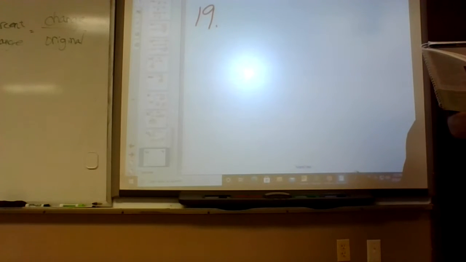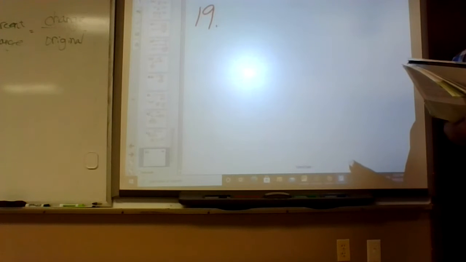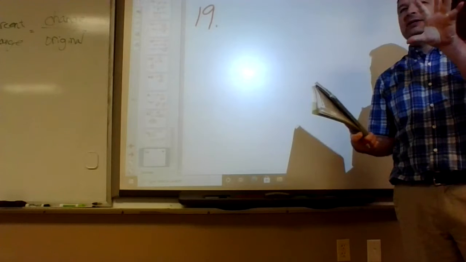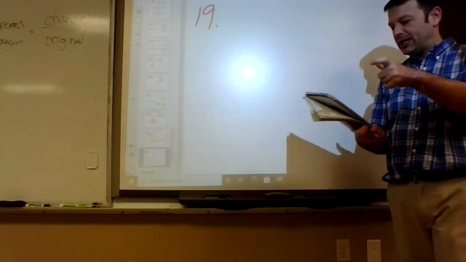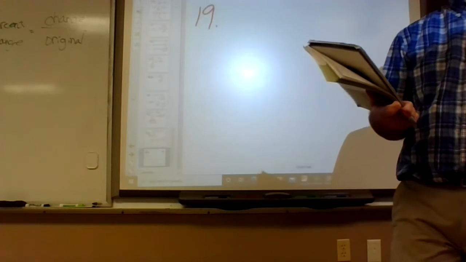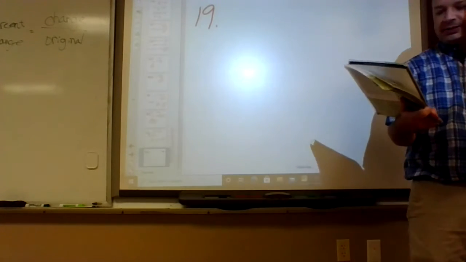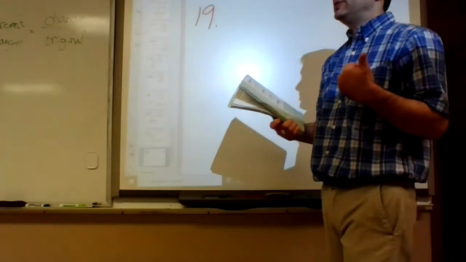Okay, so on 19, girls, you know how A times B equals C, right? So if we're missing A, how do we go backwards and find it? Look at 19. If A times B equals C, that's what we've been doing this whole page.